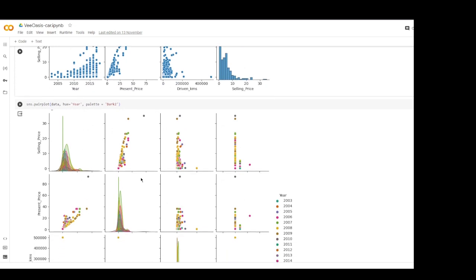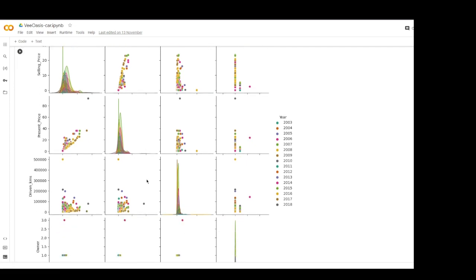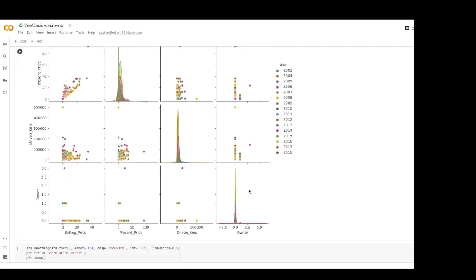Okay, let's understand the next pair plot over here. It shows a pair plot, but we are using the year as the hue, so we can understand in which year how the data was distributed.